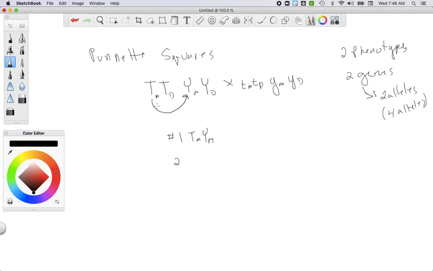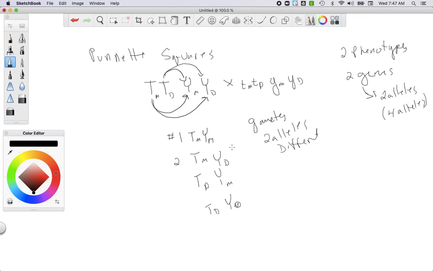The second gamete would be this T could combine with this Y. The third possible gamete is this T could combine with this y, or this T could combine with this Y. So you have in gametes, instead of 4 alleles, you have 2 alleles for each gene, and they have to be different alleles. You got Ty, Ty, Ty, Ty.